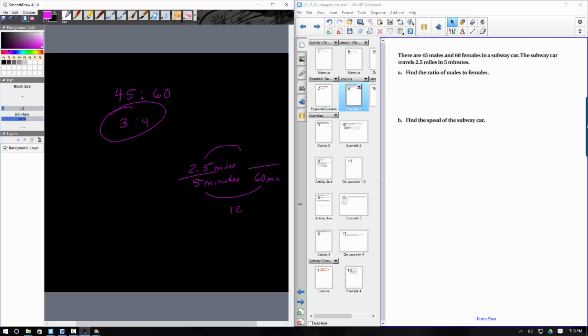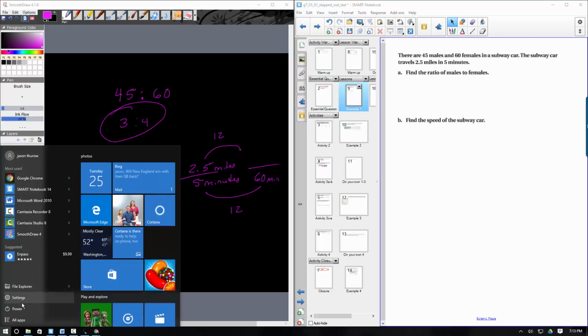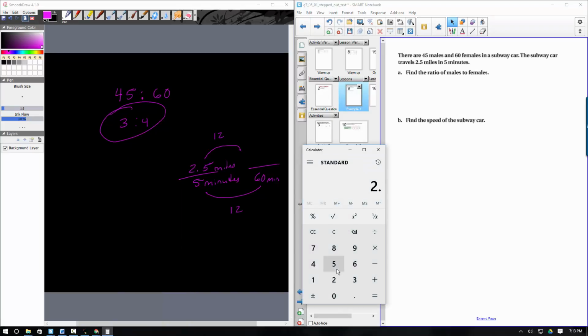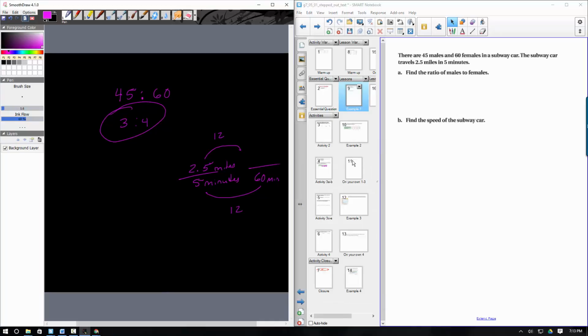And then I have to multiply this one times 12 as well. And so if I take 2.5, I get 30. So it goes 30 miles for every 1 hour. All right, so that's that one.